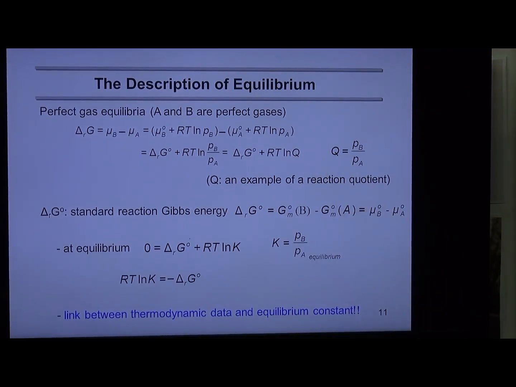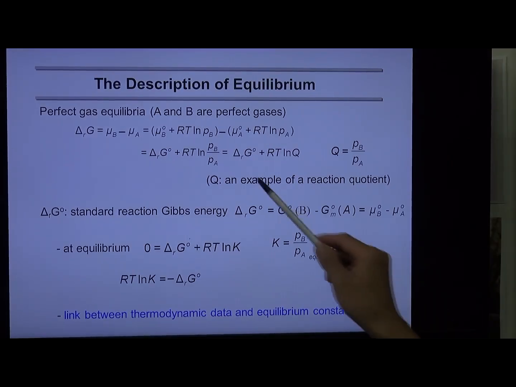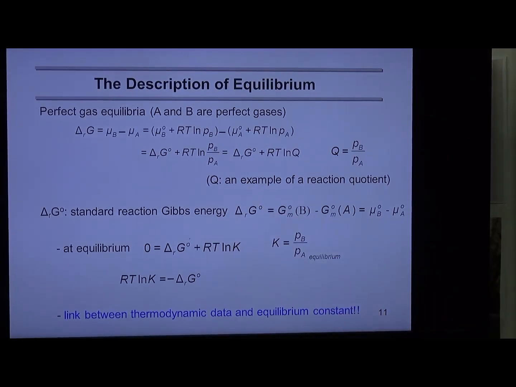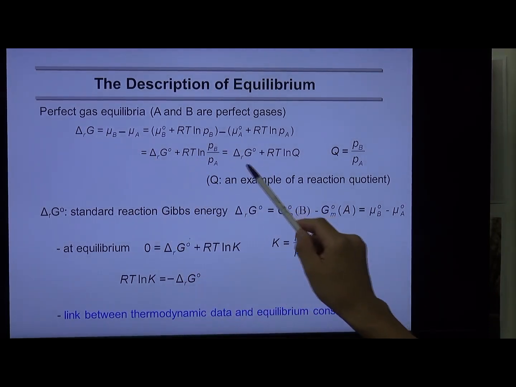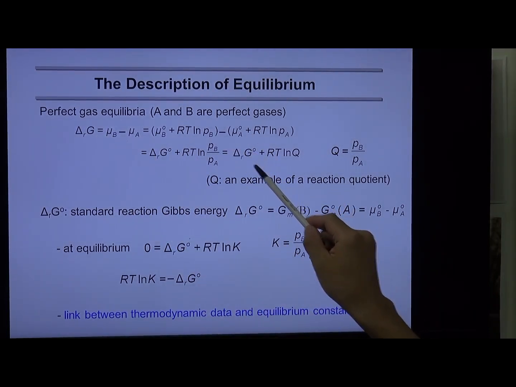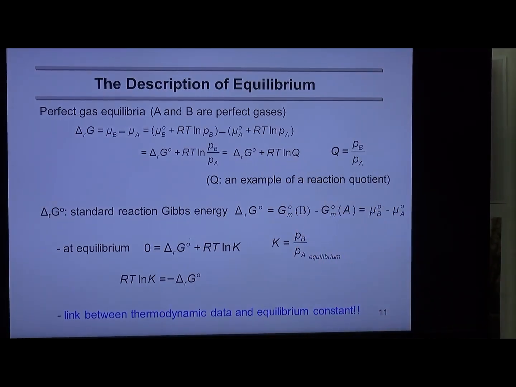Q is a kind of reaction quotient, right? The ratio between product and reactant. So reaction Gibbs energy, ΔrG, is equal to standard reaction Gibbs energy, ΔrG°, plus RT ln Q.